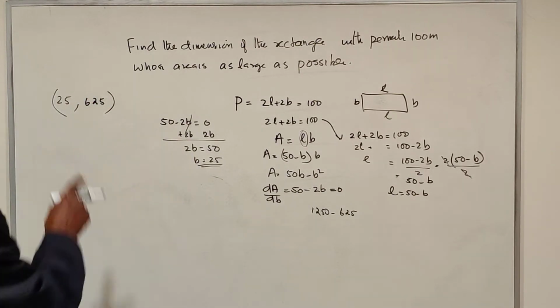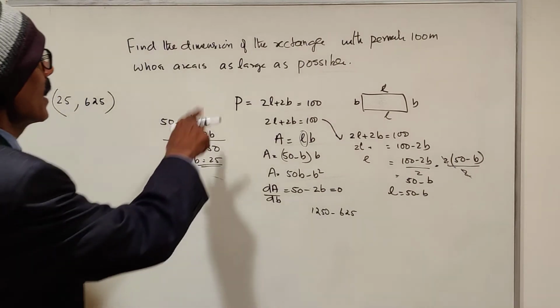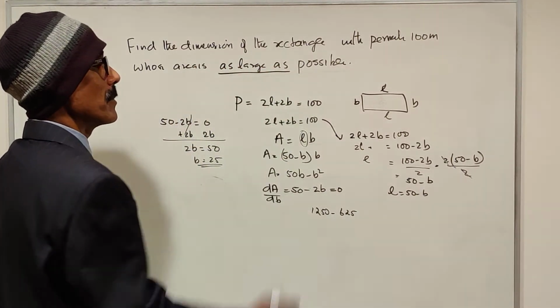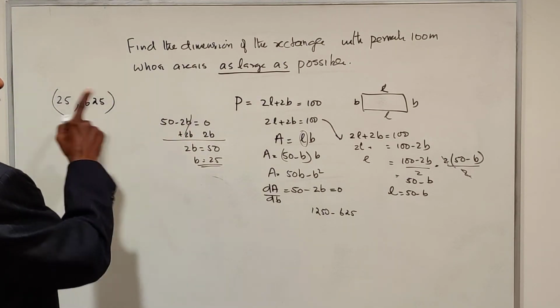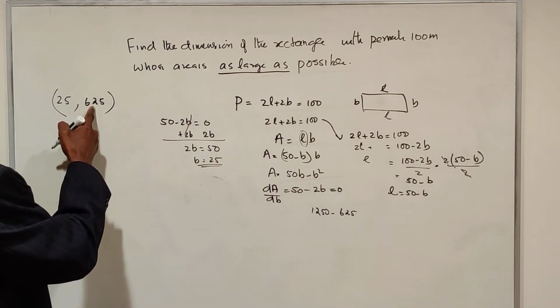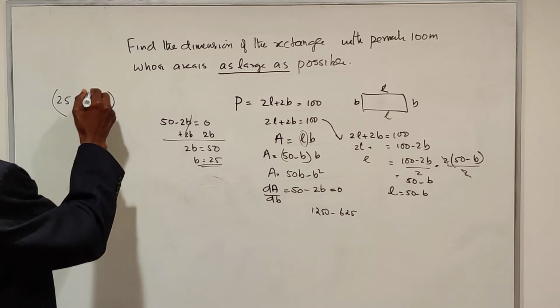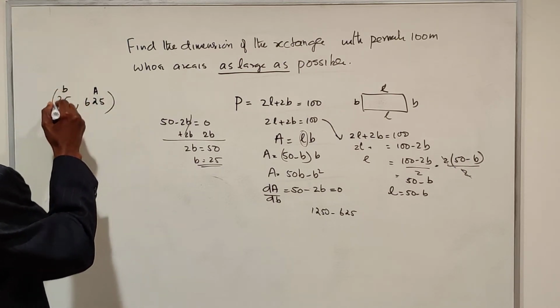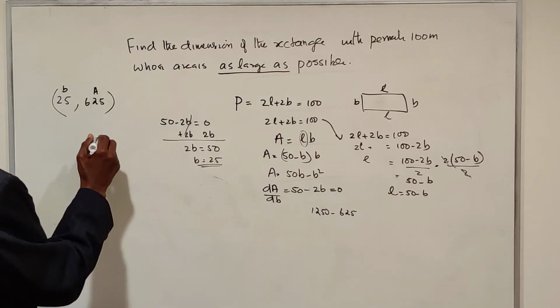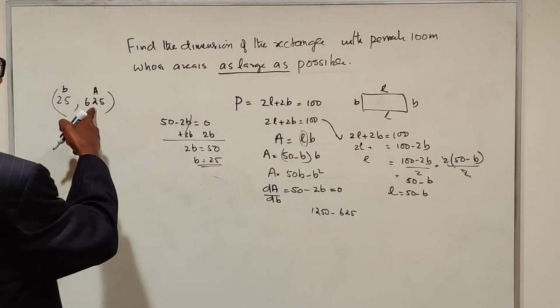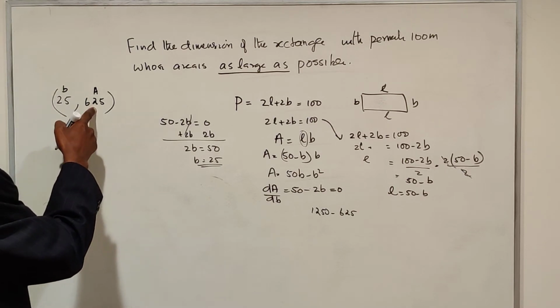We need to show that this turning point is the maximum point, or that 625 is the maximum value, the maximum area. This is area, this is breadth. So how can you show that this is the maximum value?